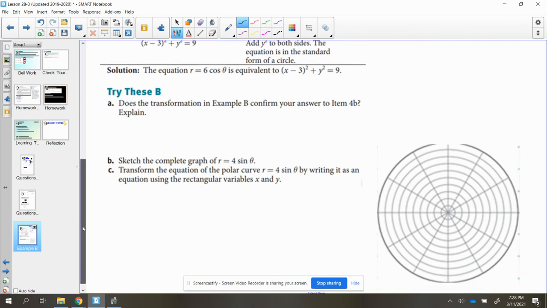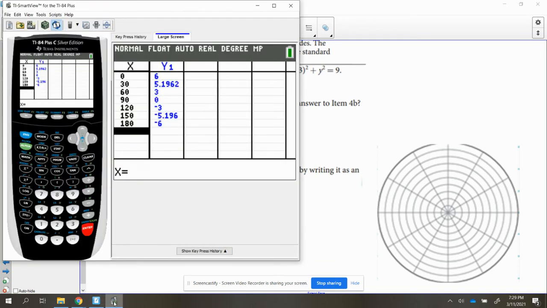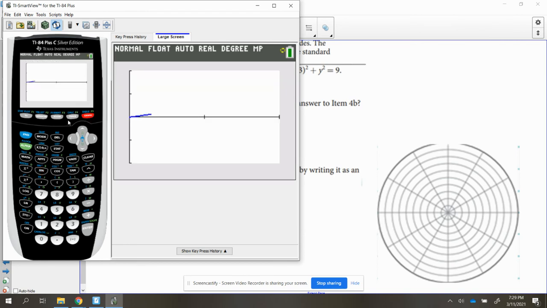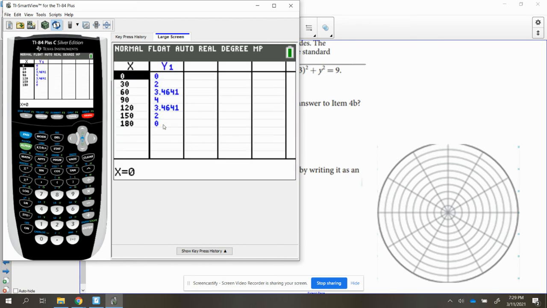Okay, so let's try another example. If we look down here at r sine theta, again, when we complete the graph here, we're going to want to type in sine of theta. And as we look, not at that graph, we want to look at the table. So second, and then table, to look at our pieces here.